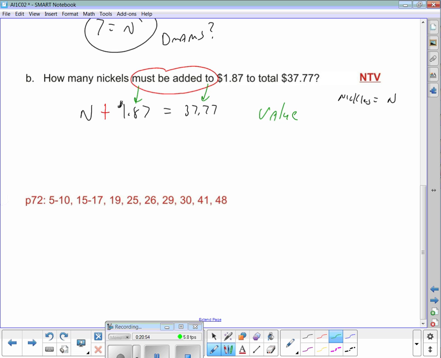These are in dollars. And the only way money's going to work is if your nickels are in dollars as well. And you got to do the value of the nickel, $0.05. Now, if you solved it, you'd get the right answer. Makes all the difference in the world. You have to deal with the value of a nickel, right? $0.05.